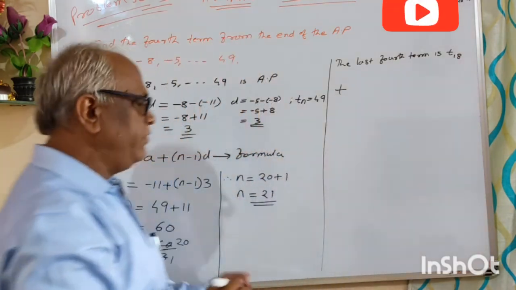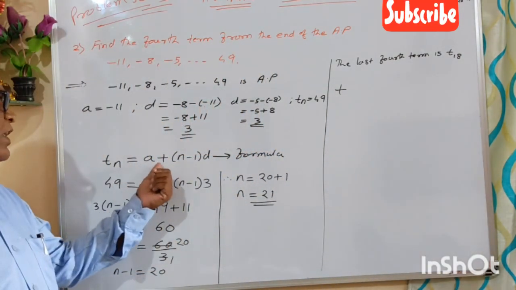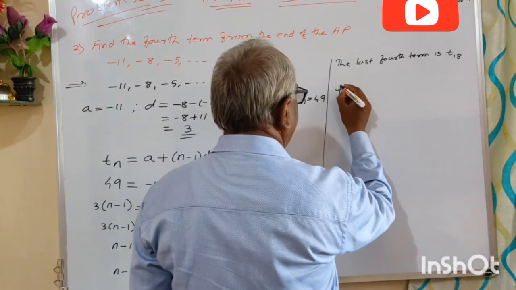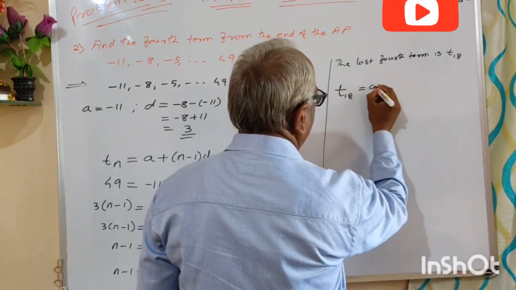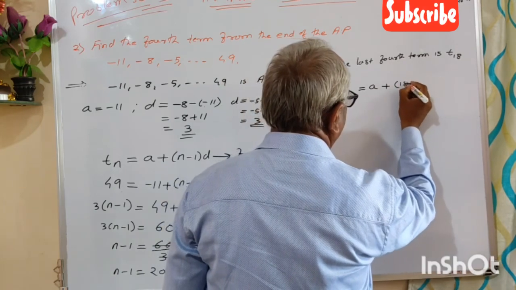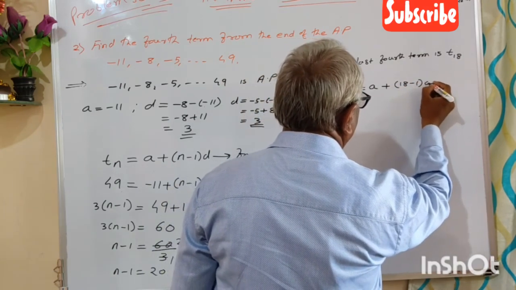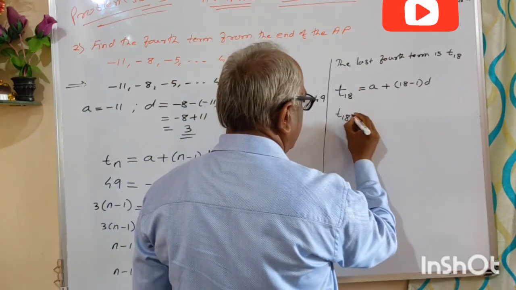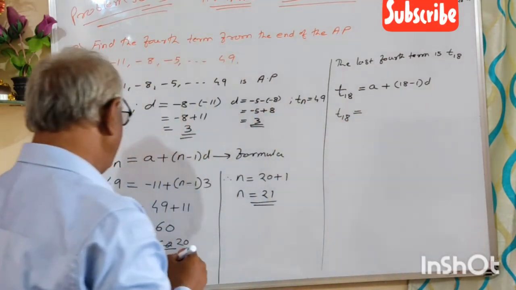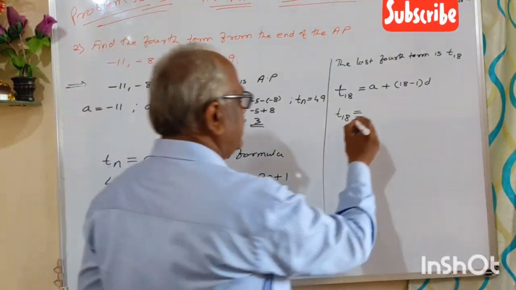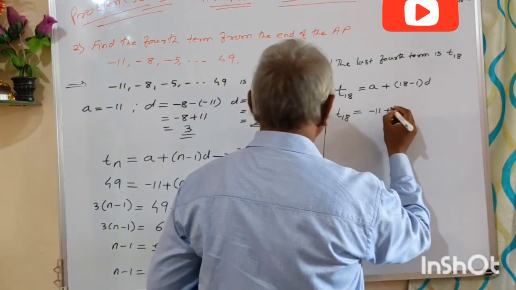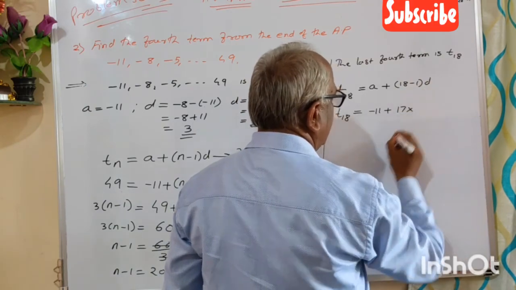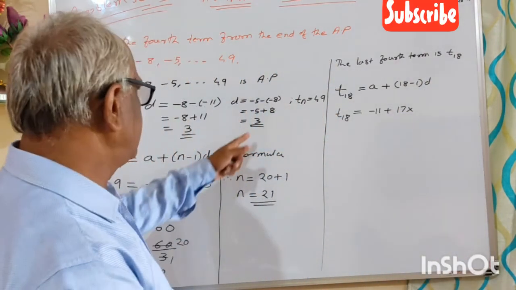The tn formula we have already written here: tn is equal to a plus n minus 1 into d. Now here T18 is equal to a plus, in bracket, 18 minus 1, into d. Now put the values. T18 is equal to a value, which is minus 11, plus 18 minus 1, that is 17, into d, which is 3.